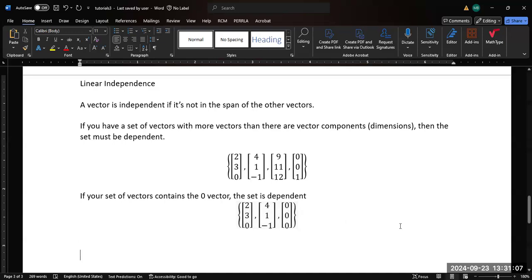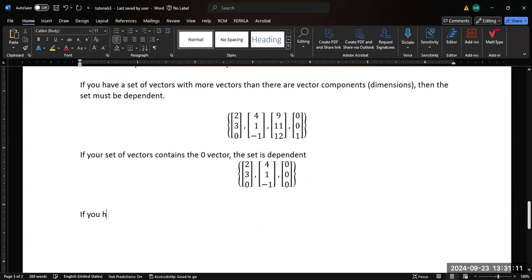Now, the one that students tend to struggle with is that if you have a set of 2 vectors and they are not scalar multiples of each other, then they are independent.